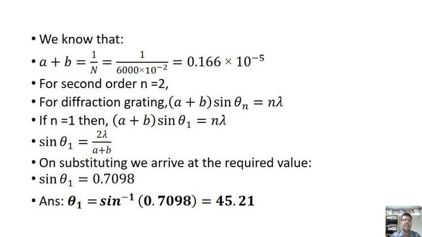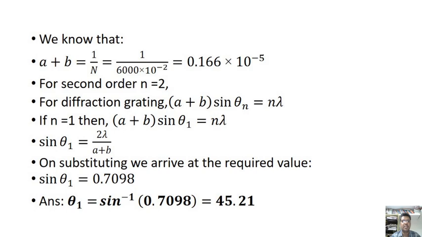For second order, n is equal to 2. For the diffraction grating, (a plus b) sin theta n is equal to n lambda. Sin theta 1 is equal to 2 lambda by a plus b. On substituting, we arrive at the required value.